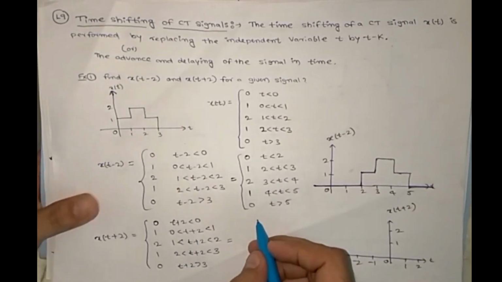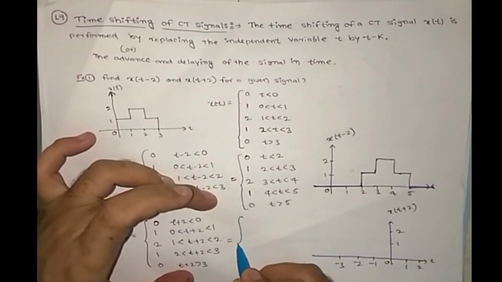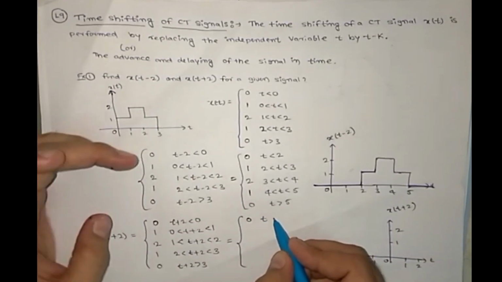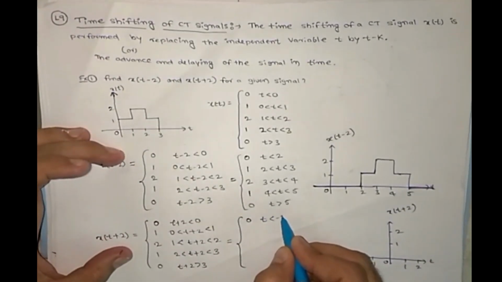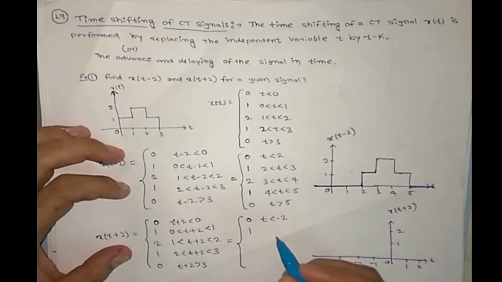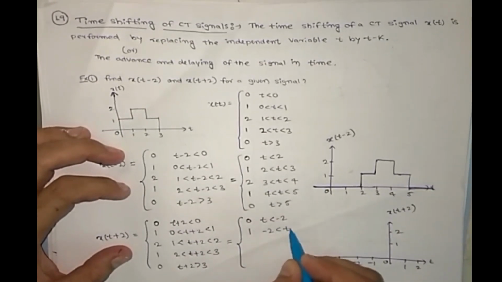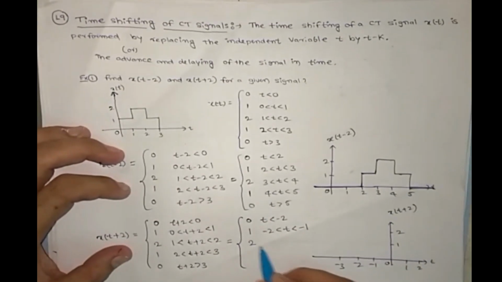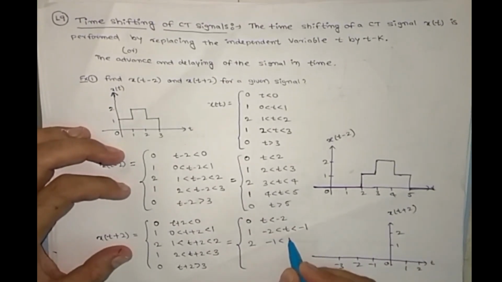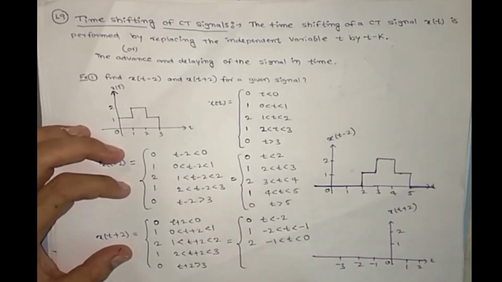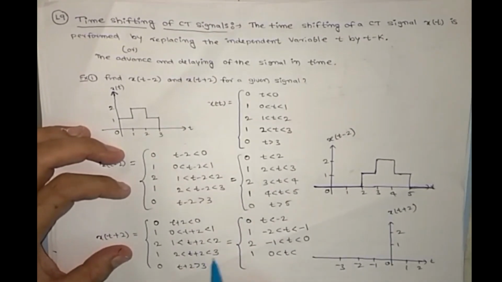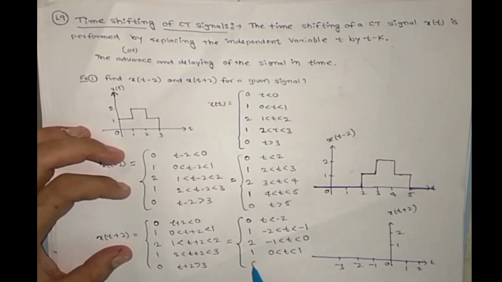Let us solve this equation further. It is 0 for t less than minus 2. 1 for minus 2 less than t less than 1 minus 2, which is minus 1, right? 2 for minus 1 less than t less than 0, 1 for 0 less than t less than 3 minus 2, which is 1, and 0 for t greater than 1.